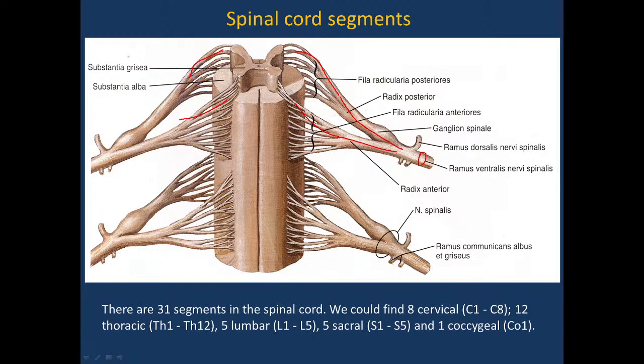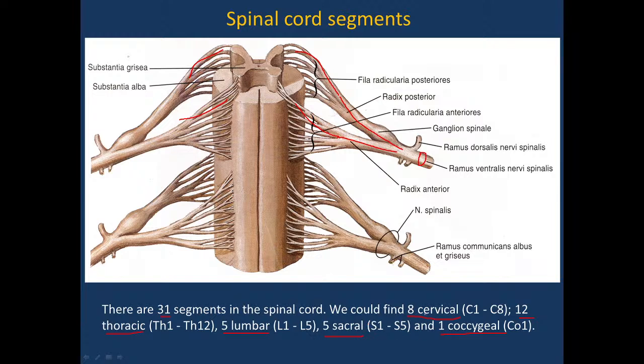How many segments are there? There are 31 segments in the spinal cord: 8 cervical segments, 12 thoracic segments, 5 lumbar, 5 sacral segments, and only 1 coccygeal segment.